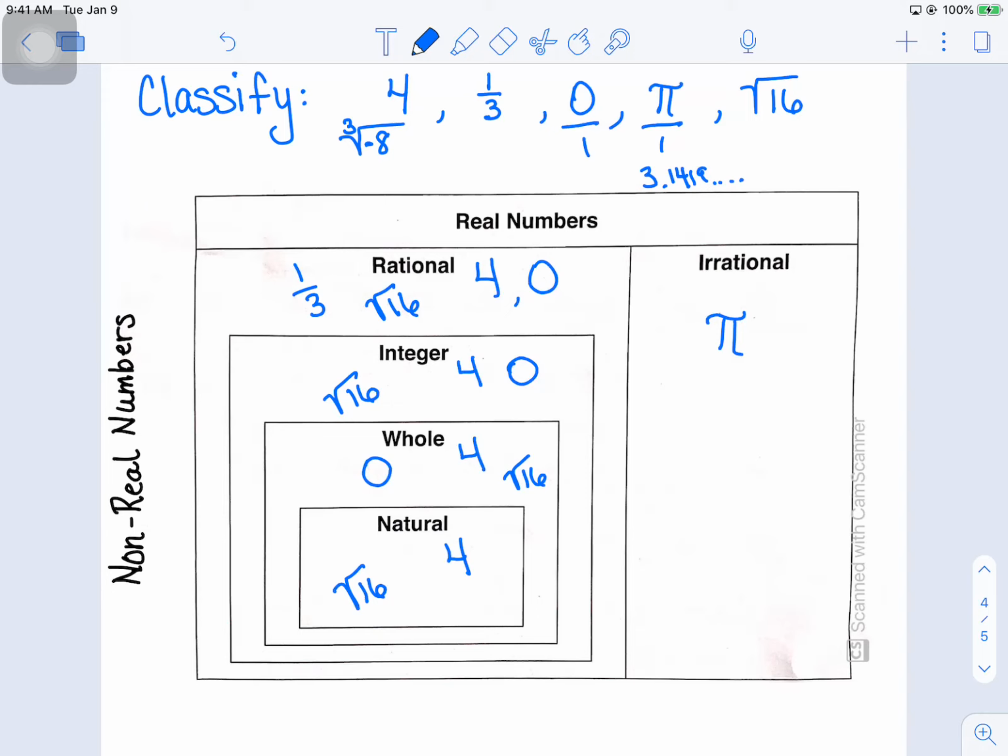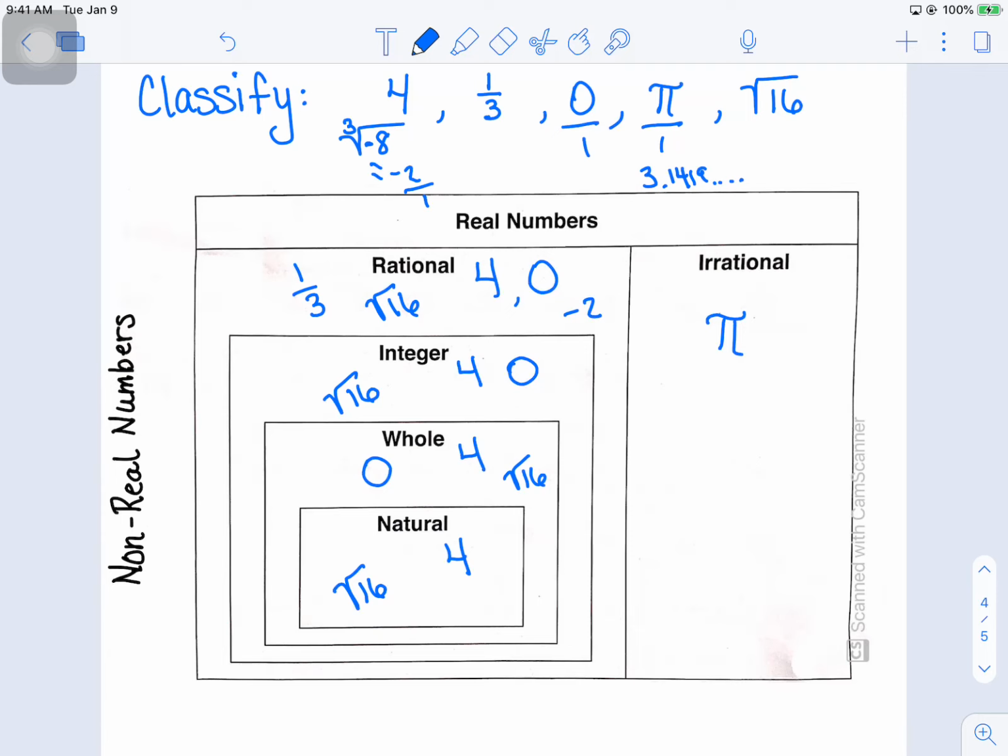Now let's look at the cube root of -8. Remember, cube roots can be negatives. So what number times itself three times gets me a -8? Well, if I think about it, -2 times -2 times -2. So I know this is the same thing as a -2. So is a -2 able to be written as a fraction? Yes, we can put it over a 1. It's a fraction. So we know it's rational.